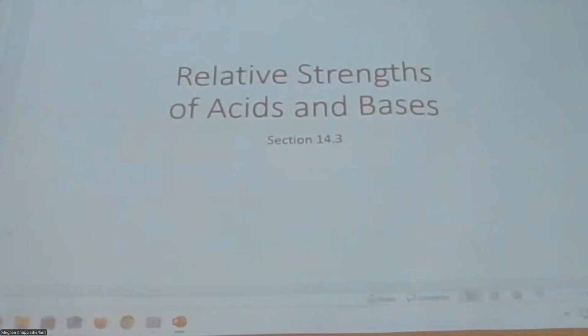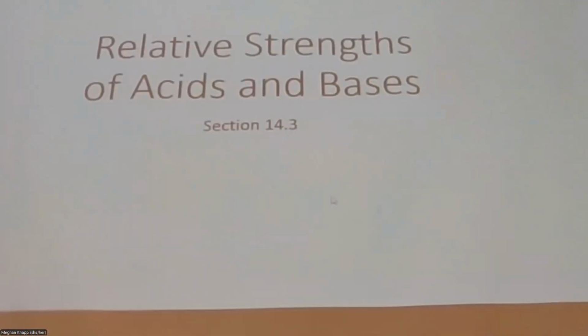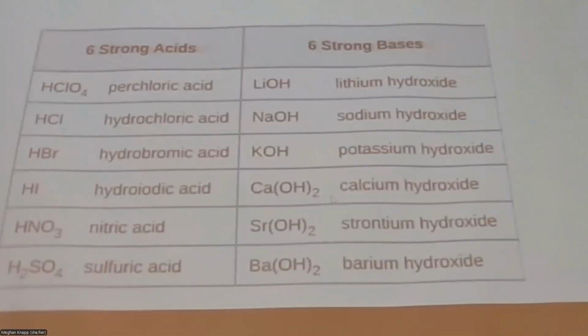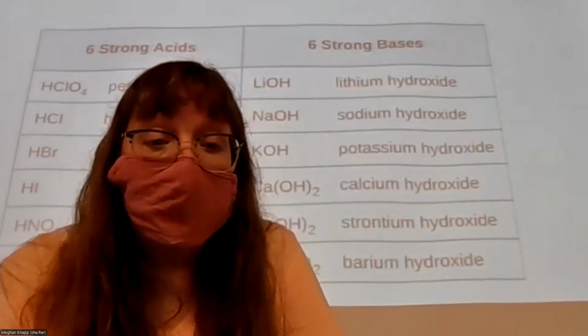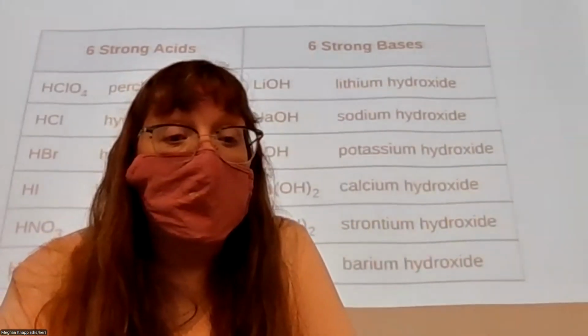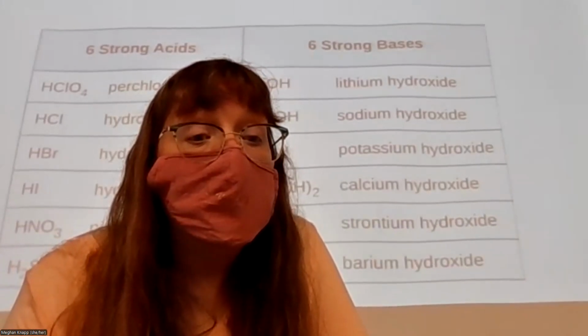So we're going to look at relative strengths of acids and bases. We talked about this a little bit. We have strong acids and strong bases. Good to know what they are. I'm going to ask you to identify some strong acids on your quiz, so make sure you know some of those.